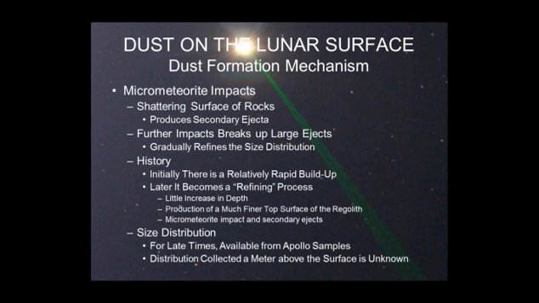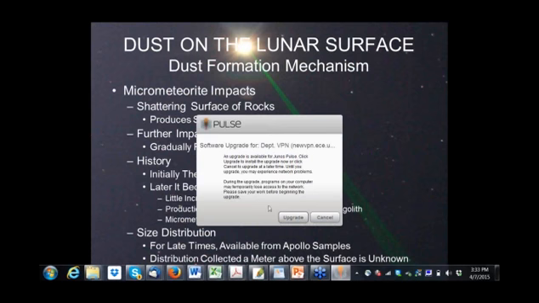And so over time, this is tens of millions of years, we gradually refine those rocks, making them finer and finer, finally producing the kind of regolith that was found by the Apollo astronauts, and samples brought back and temperature measurements made.